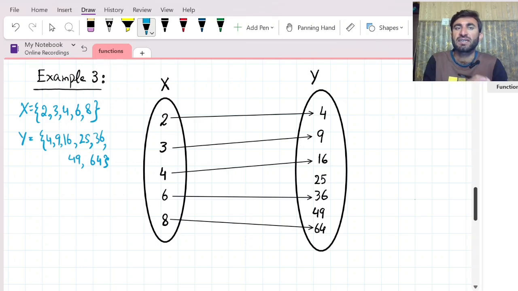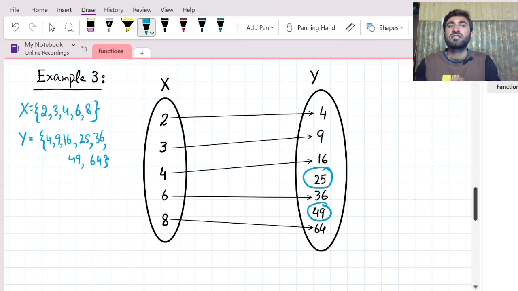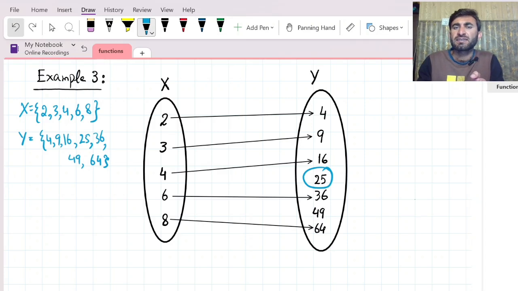Every element of set X have an image. Next was the images should be unique, and we can see that every element have only one image, so it is a function. We can see some elements in the set Y which are not images of any element, but that is not the condition on the second set, right?